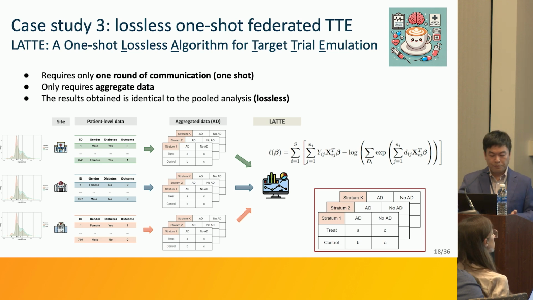It turns out that if you train different propensity score models at different hospitals and then stratify your propensity score, the bottom line is that regardless of how big your data set is, you just need to share a number of 2x2 tables. Suppose you stratify your propensity score in 5 strata, which is commonly used. You just need to share 5 2x2 tables, and you are guaranteed to get identical results as if you pooled the patient-level data together.